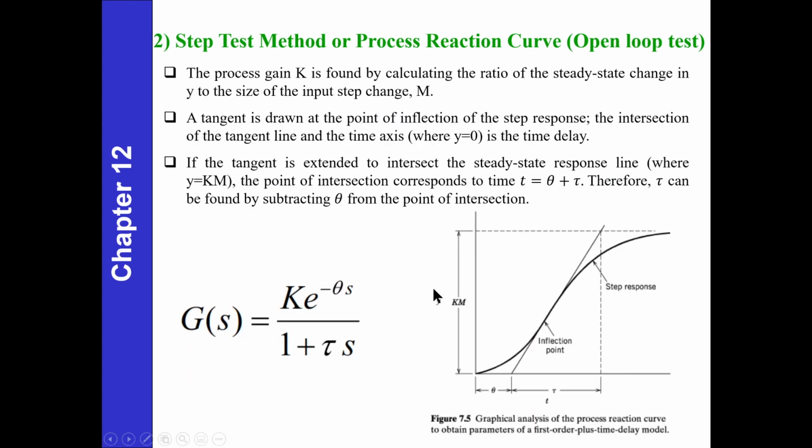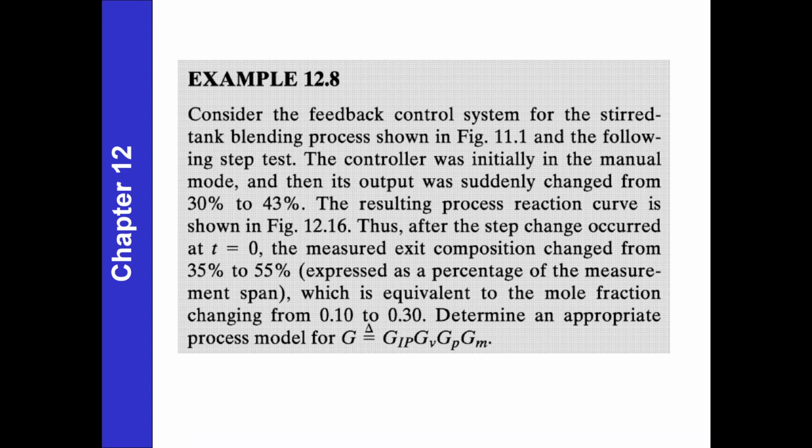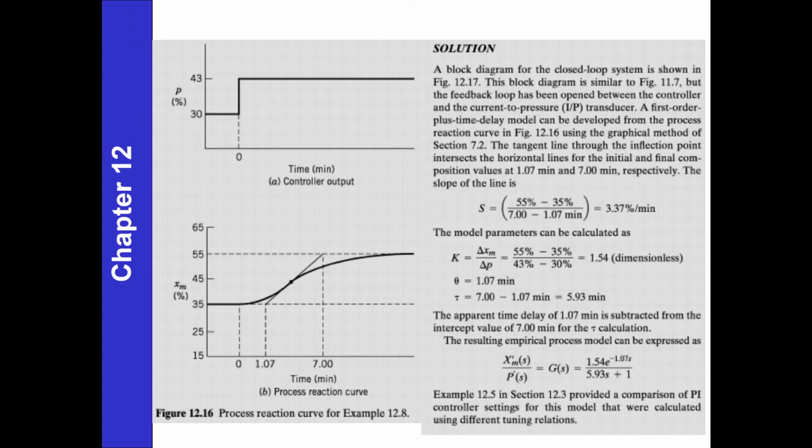So how do people do it? When the step input is introduced, from the response we can determine the value of k, the value of theta, and the value of tau. This is one of the examples. Don't worry so much because this is not a part of your CA, but it will be important knowledge for you if later on you work in a process or you deal with a machine. When a step input is introduced, this is the graph and this is the response.